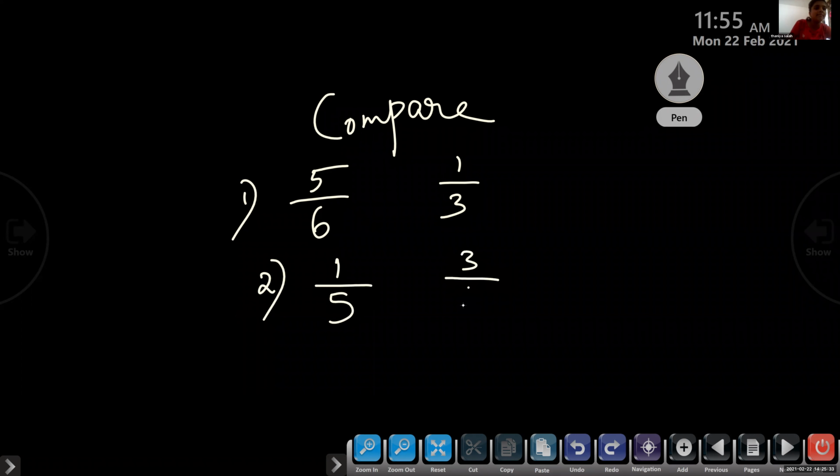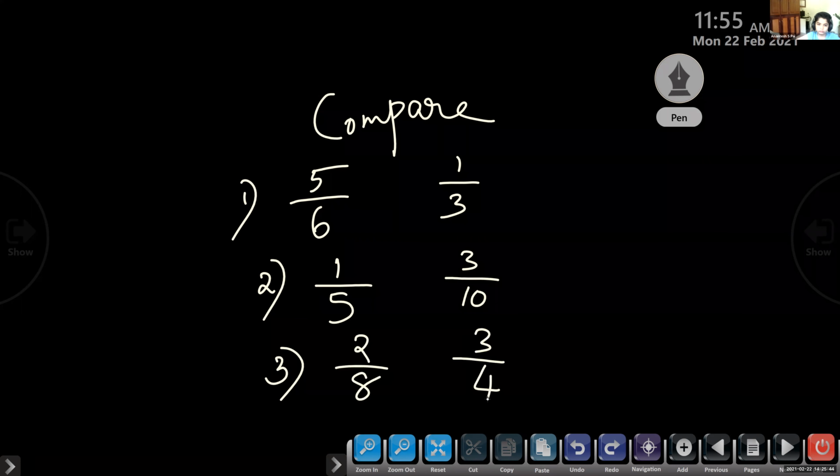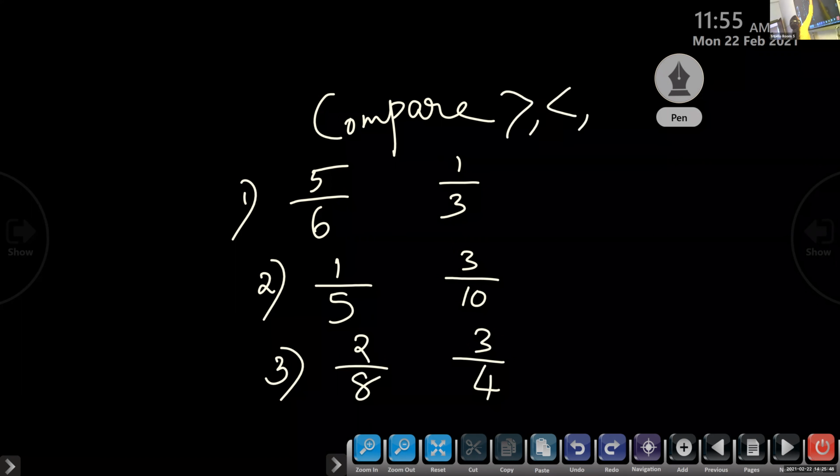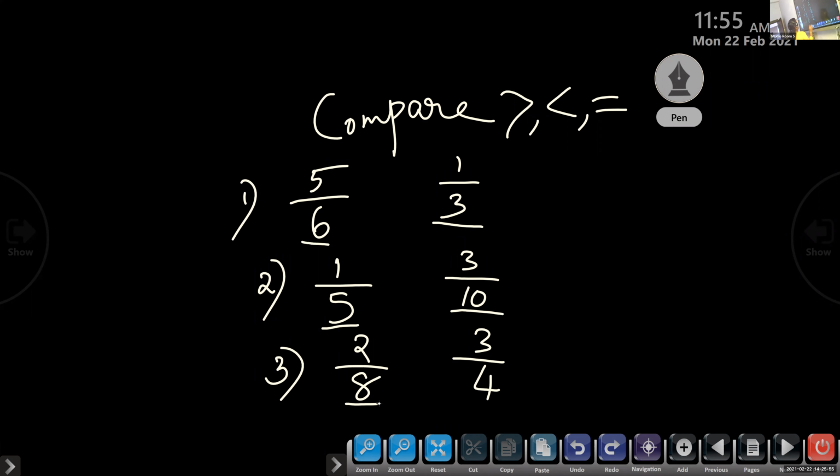Question 3: 2 by 8, 3 by 4. You have to compare. Compare means greater, less than, or equal to. But you can see they are all unlike fractions, the denominators are different. So what do you have to do? Make the denominators the same by finding the LCM. Then compare.